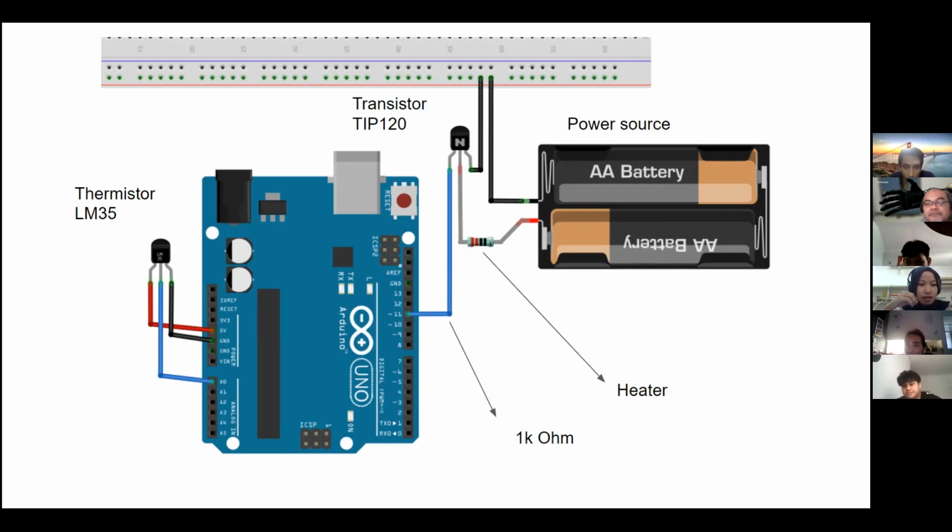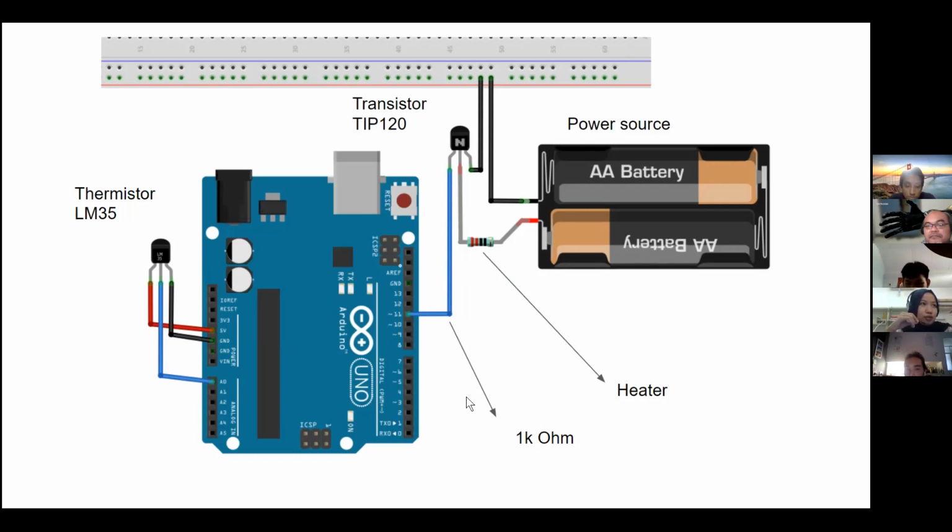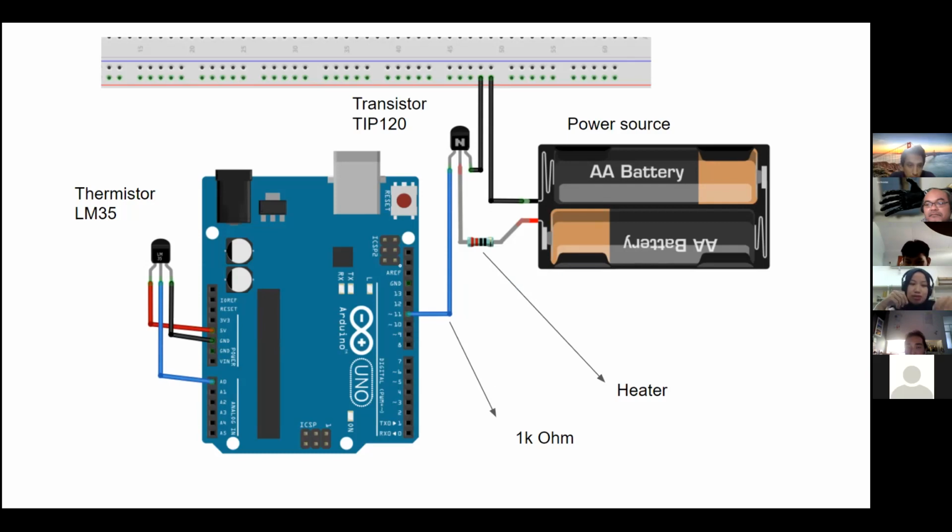Because the LM35 is not like an infrared sensor. Yes, they will touch. Did you try to replace it with an IR sensor maybe?